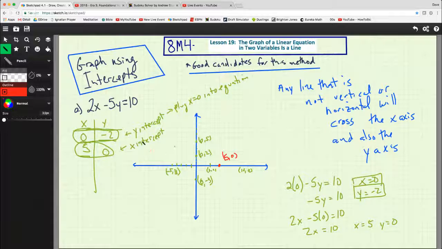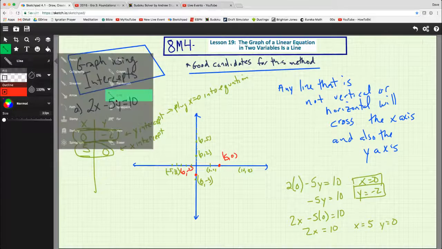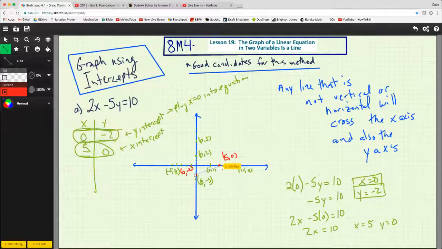And my y-intercept is 0, -2. And so these 2 points are on a line. So to create my line, I simply do this. And there is my line. I find the line that goes through these 2 points.